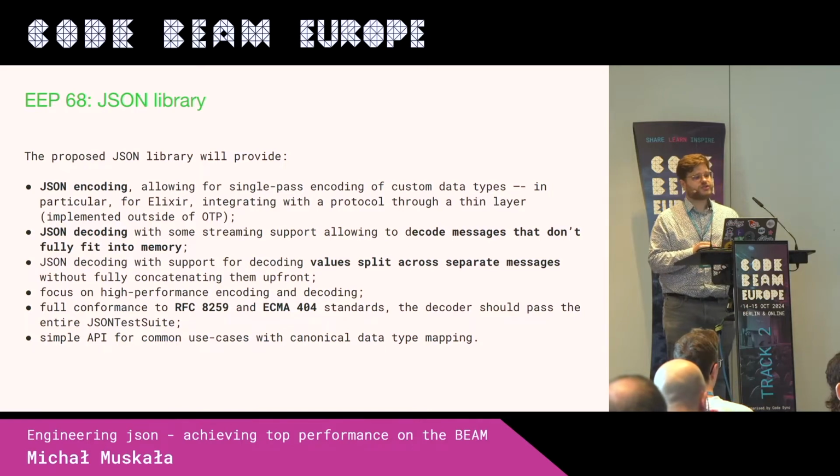One was decoding messages that don't fully fit into memory. So if you get your data streaming, and we'll talk a bit about that, it should be possible to decode without concatenating into one massive string before parsing.